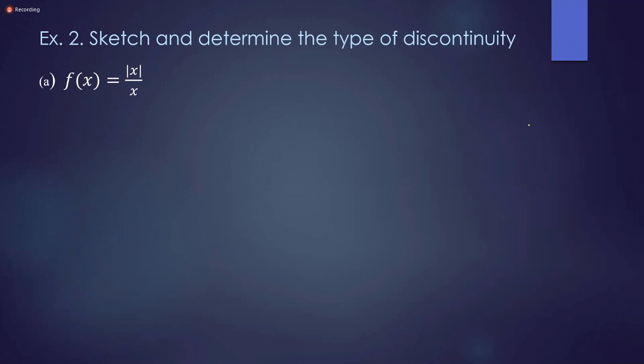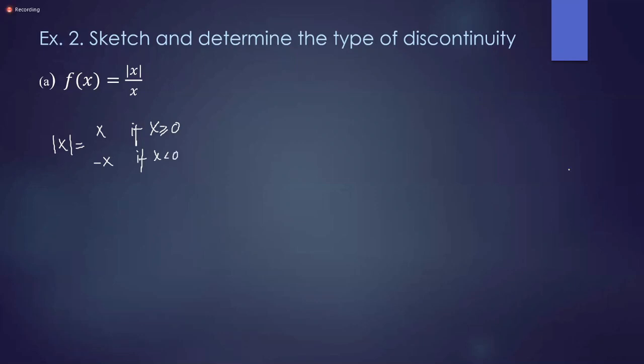Now, let's remember x modulus, x absolute value. First of all, x absolute value is x if x is greater than or equal to 0, and it's minus x if x is negative. We know that. That's completely about absolute value.